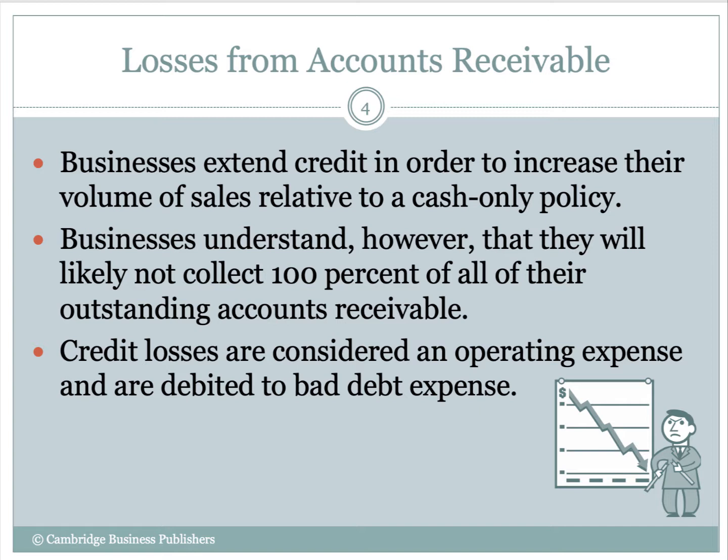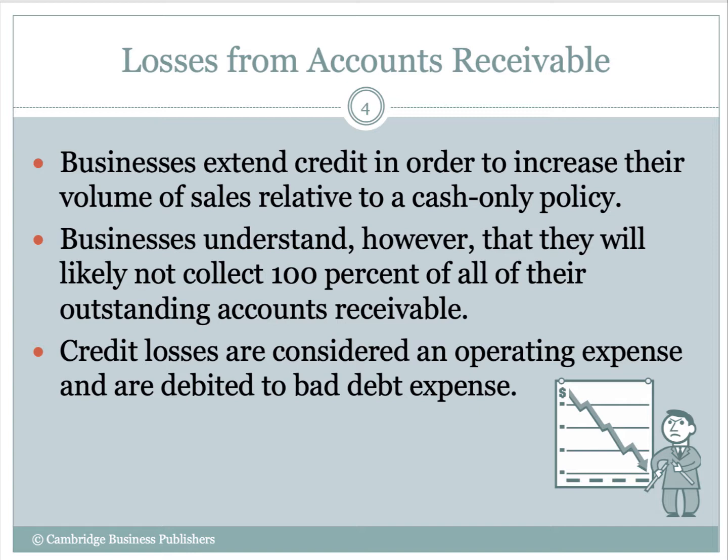So as a result, we're going to have credit losses. Credit losses result from us extending credit and those people not paying us, or us not being able to collect on that receivable. These are, in fact, operating losses.